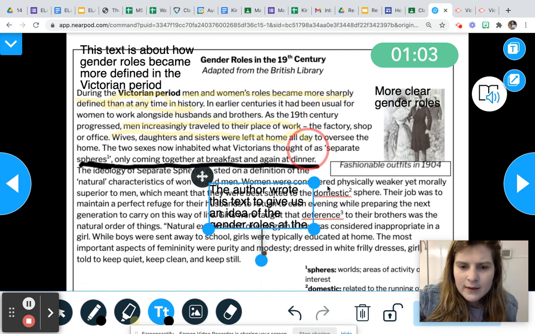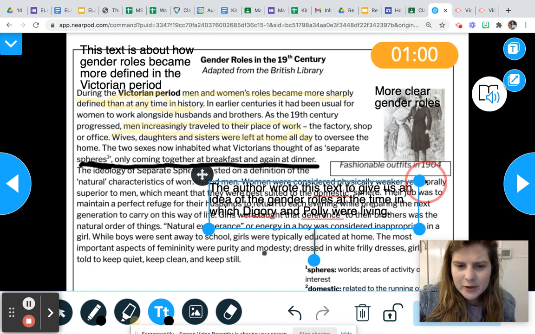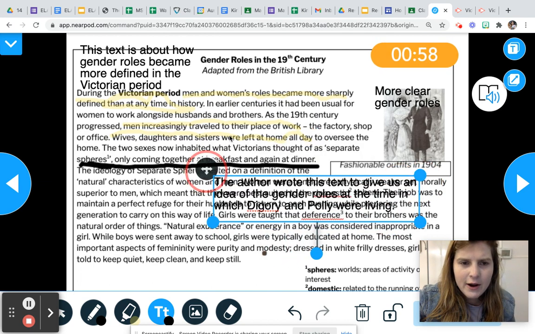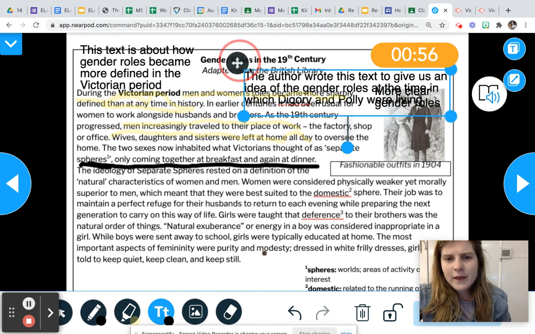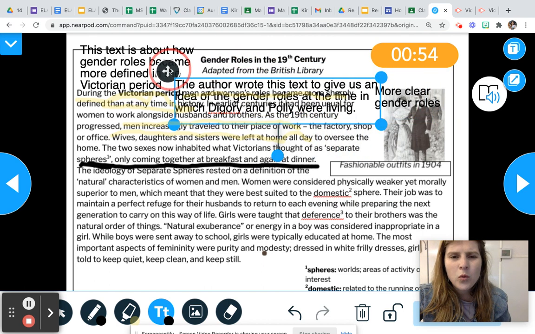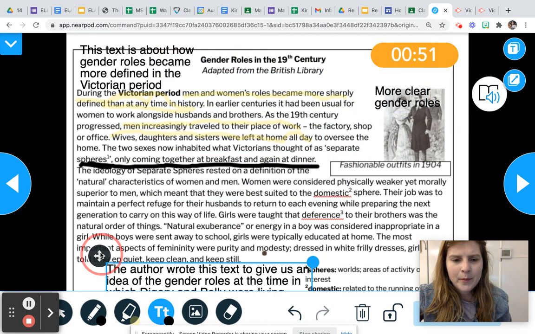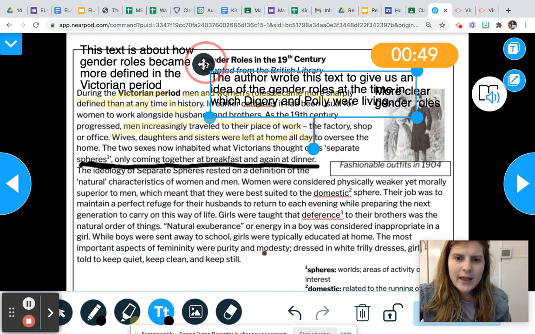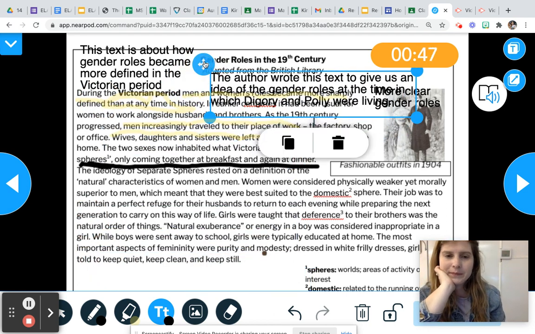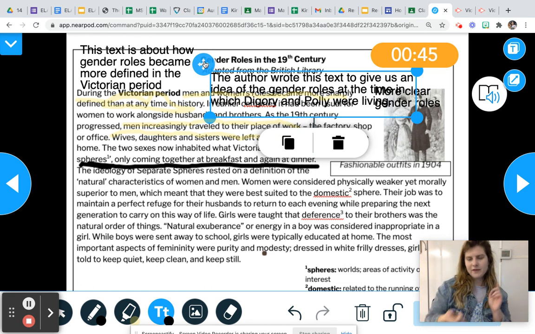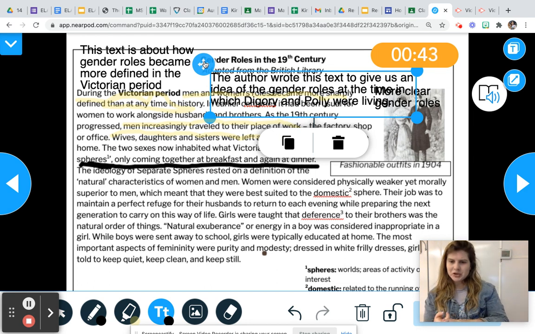Okay. Yeah, the author definitely wants to tell us about gender roles during the Victorian era, but I think more importantly, right, the author wants to tell us how were gender roles in the time that Polly and Diggory were living.